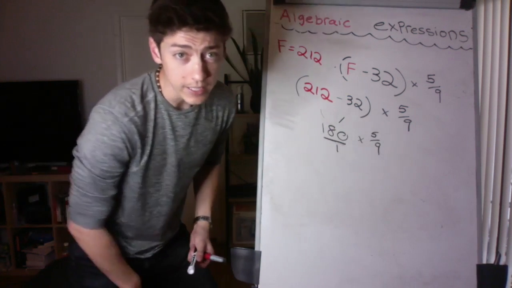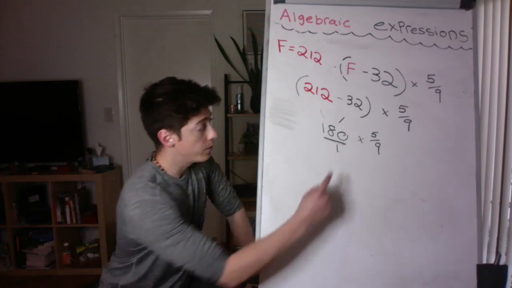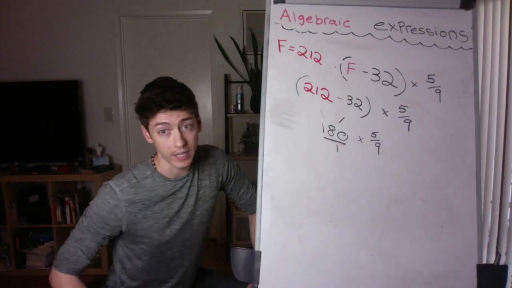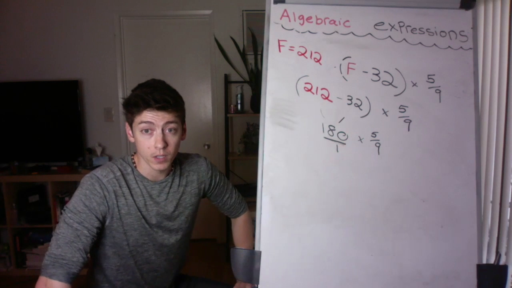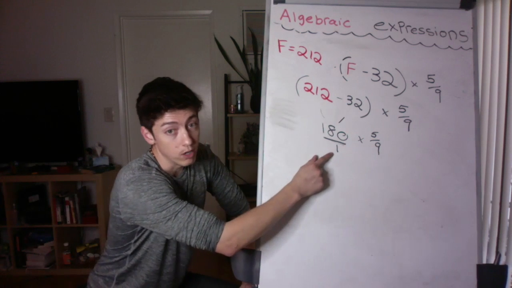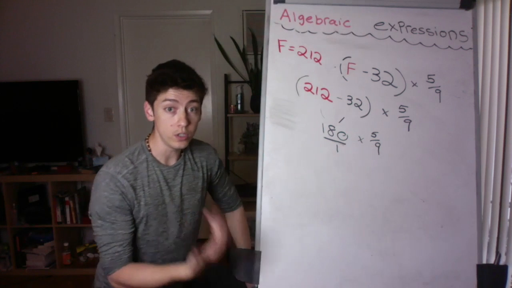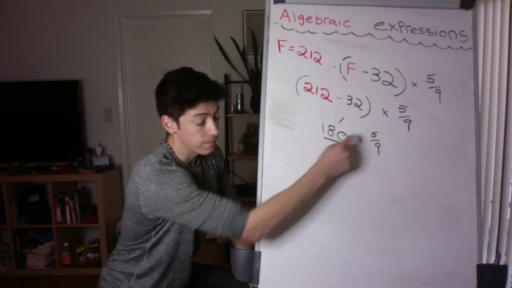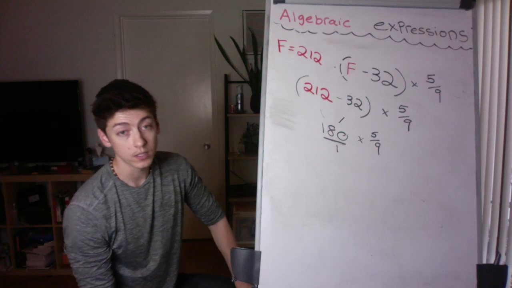The reason why is because when we're multiplying whole numbers by fractions, we want to remember that the numerators are being multiplied together and the denominators are being multiplied together. So this helps me keep place of what my denominator is. Now there's two ways we can do this. We could reduce these amounts first, or we can multiply and then reduce afterwards.